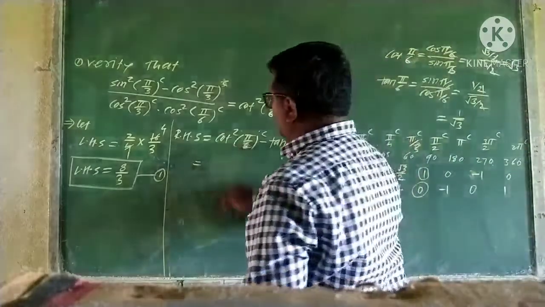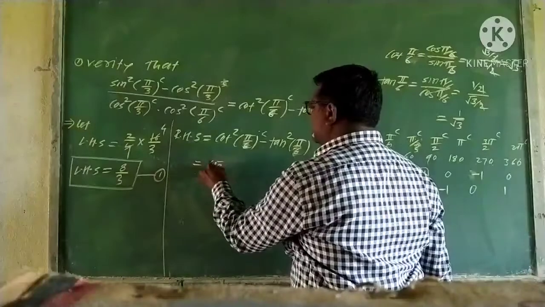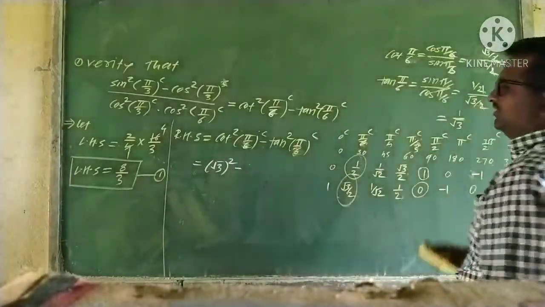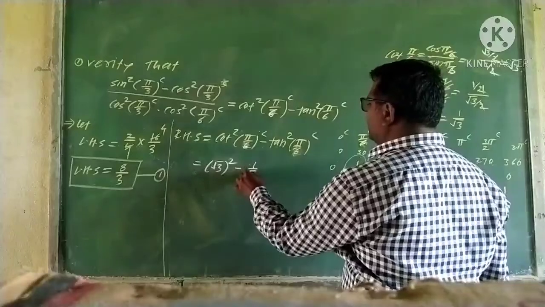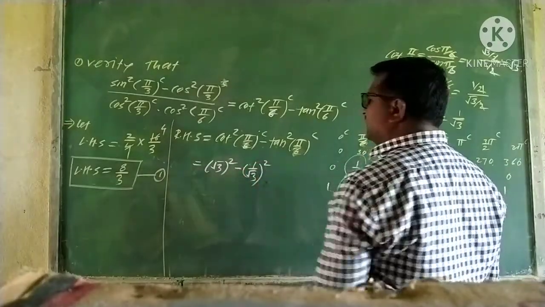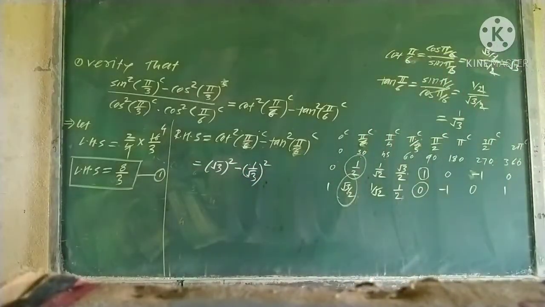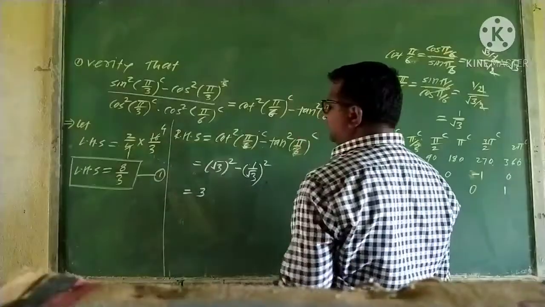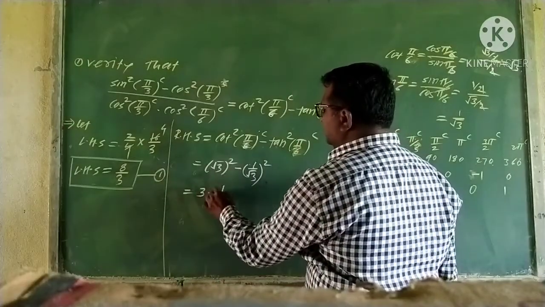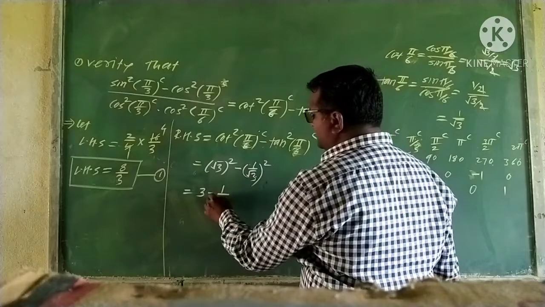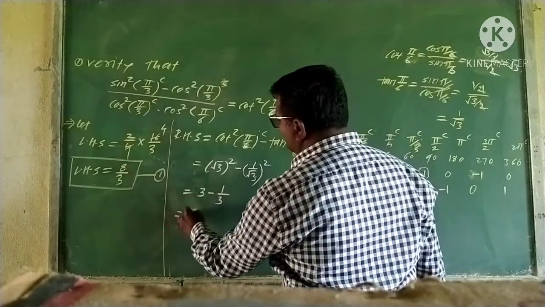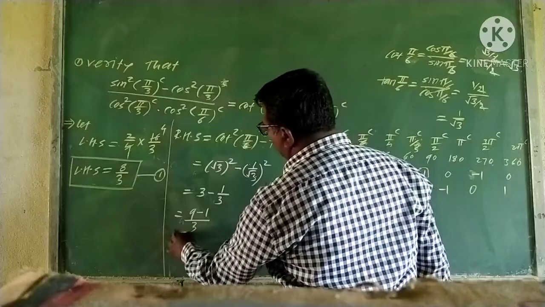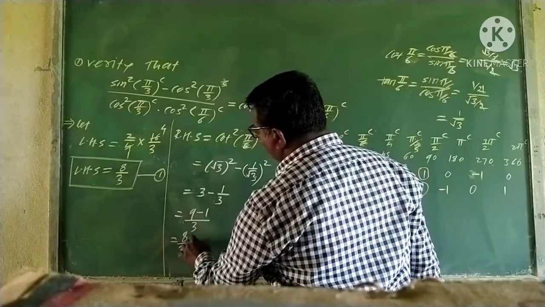Now square root 3 squared minus tan of pi upon 6, 1 upon square root 3 squared, is equal to 3 minus 1 upon 3, which is 9 minus 1 divided by 3, equal to 8 divided by 3.